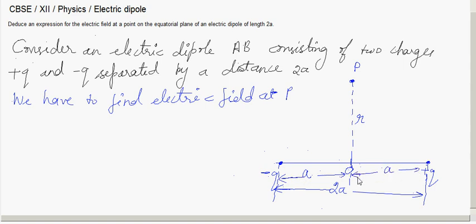The total electric field is the vector sum of the electric field due to plus q and the electric field due to minus q.